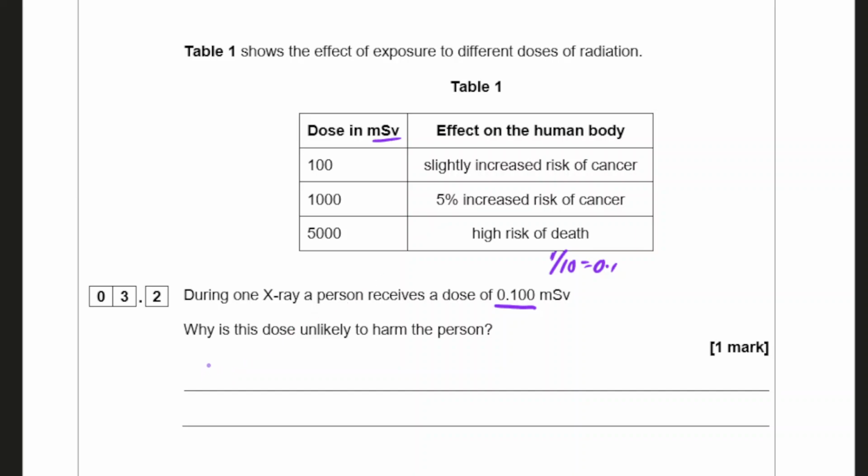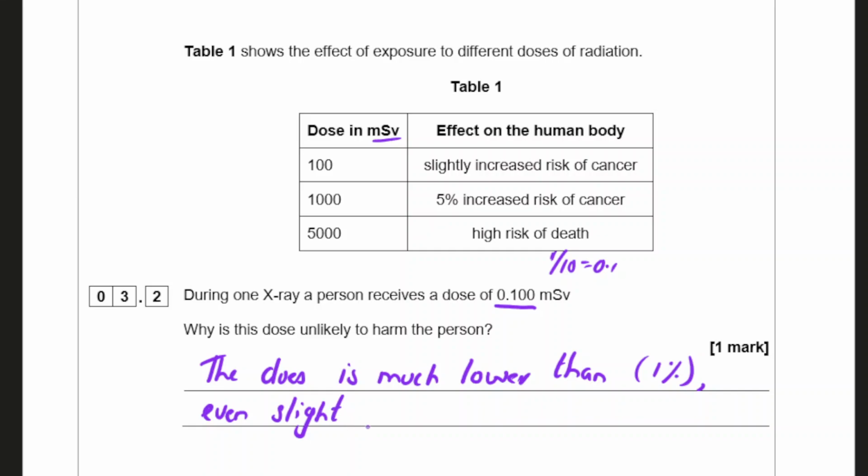So the dose is much lower than, let's say, 1%. Even slight increased risk of cancer.